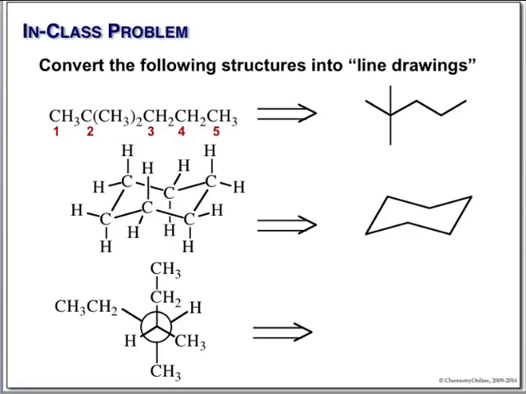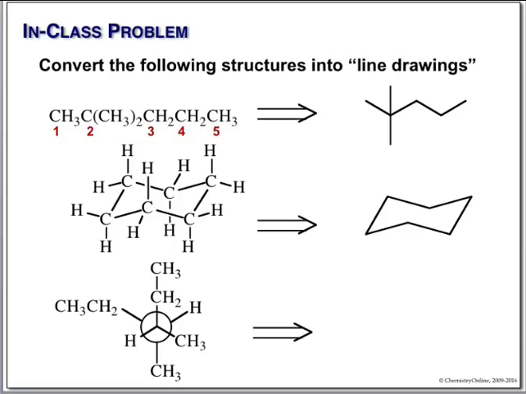Now let's look at this guy. This is a Newman projection, isn't it? Our task here is to figure out our longest chain. If we look at this, let's start up here somewhere. Doesn't matter where. We'll start at one end. How many carbons in our longest chain?